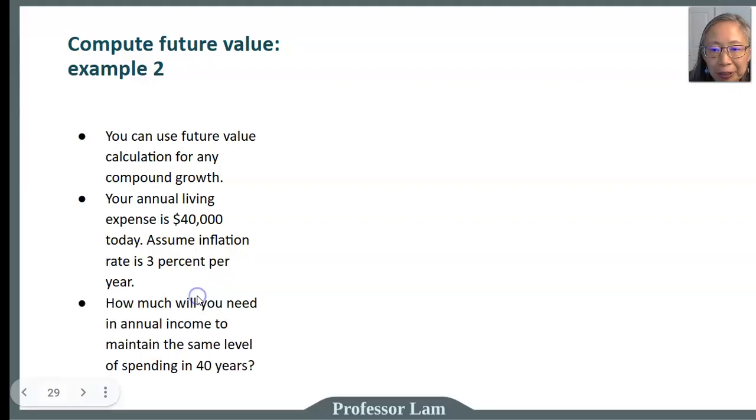I'm planning for my retirement and I want to know that in 40 years, if I just want to maintain the same standard of living, how much would I need per year? So I need $40,000 in today's dollars. With inflation at 3% per year, how much would that be in 40 years? Give this a try and put it into your template.